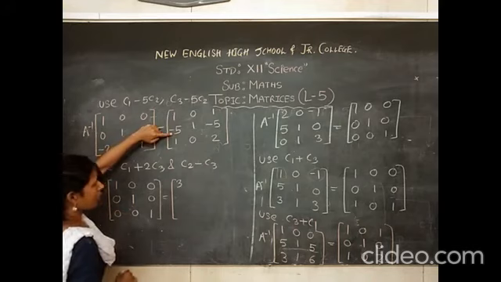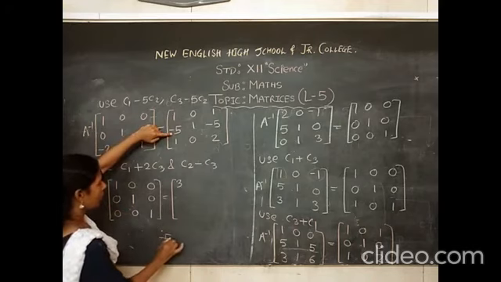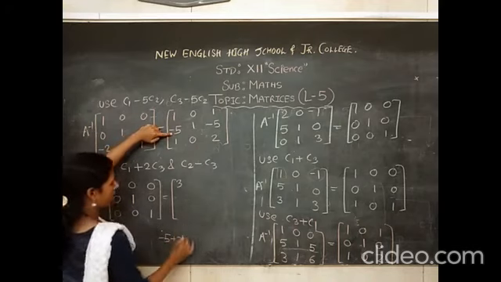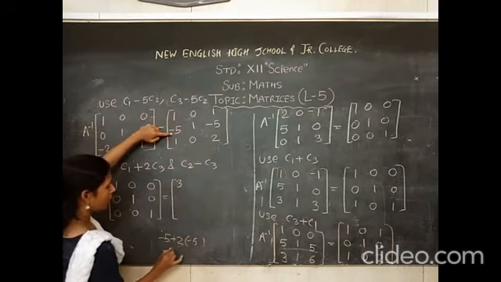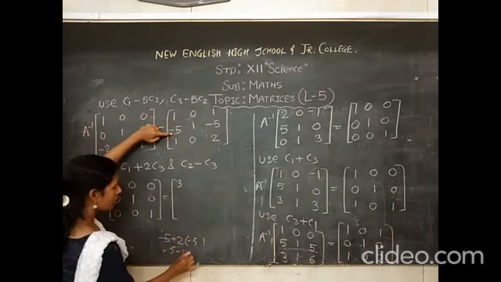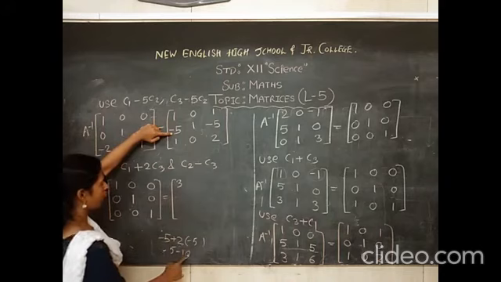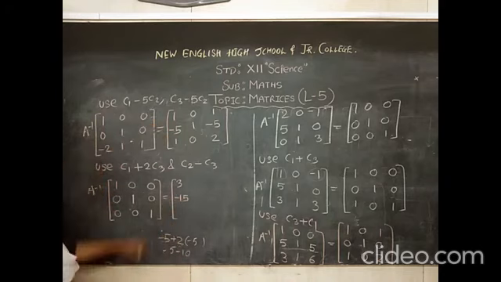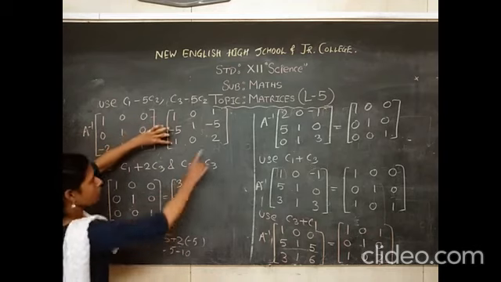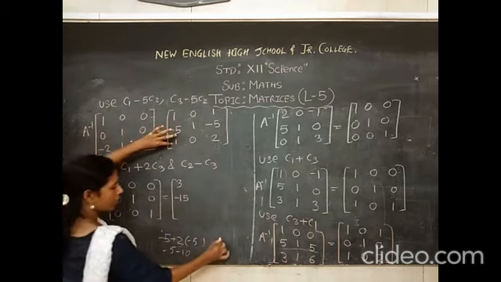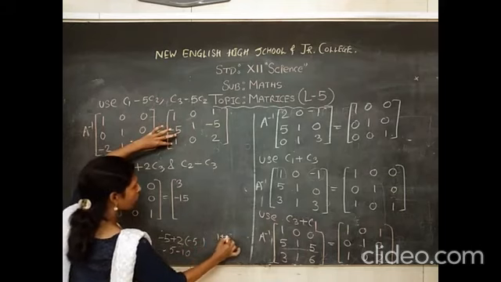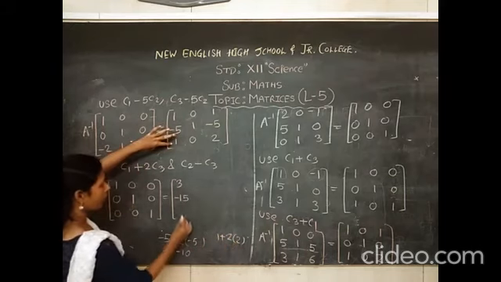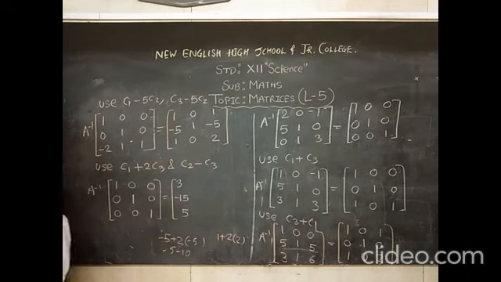You can see minus 5 plus 2 times C3. Minus 5, it is minus 10, that is minus 15. We have got minus 15. Then 1 plus 2 times 2, that is 5. Answer is 5. Okay.